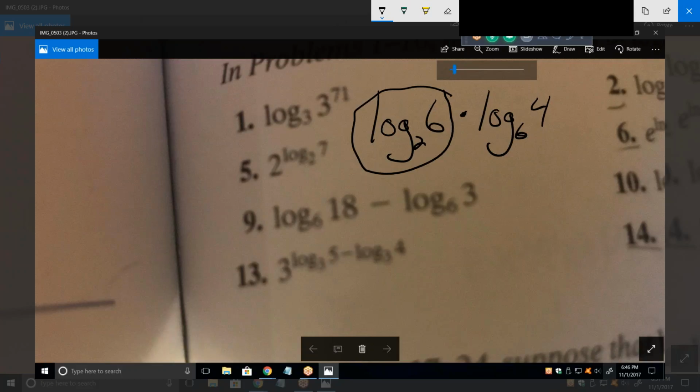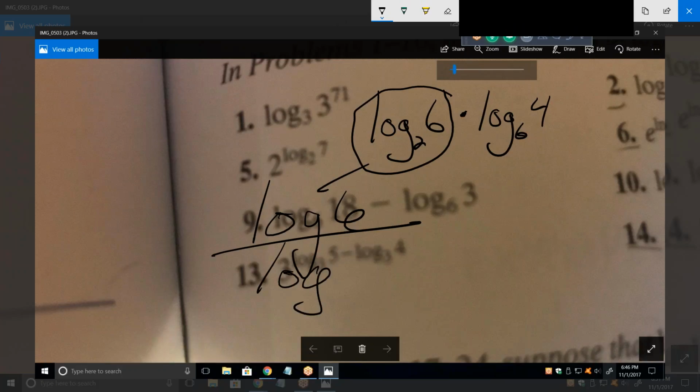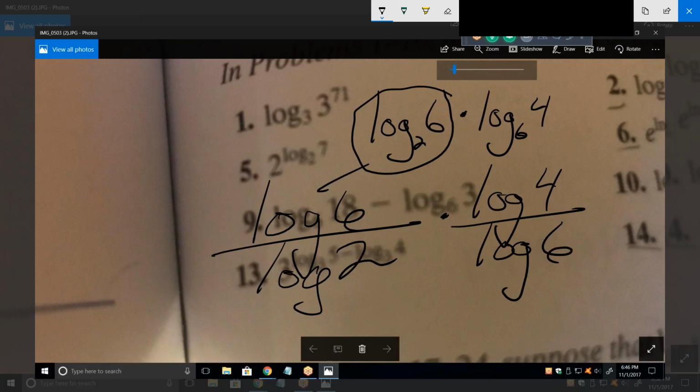The change of base formula is just the log of the upper number divided by the log of the lower number. Like that. Okay. Times, same thing. Log of the upper number divided by the log of the lower number. Now I'm understanding how we're going to do this problem.